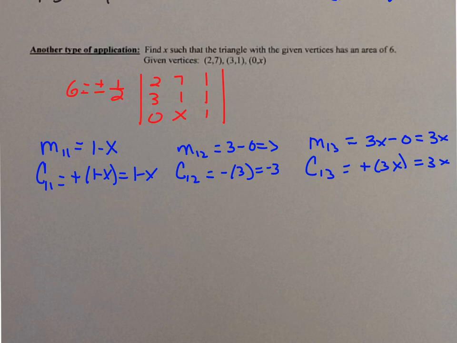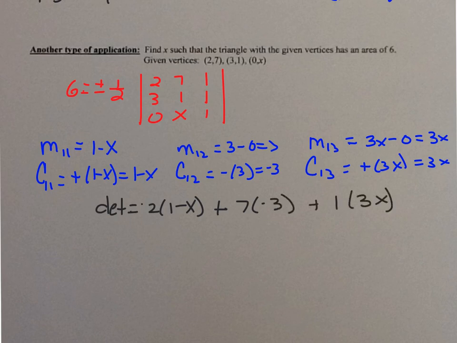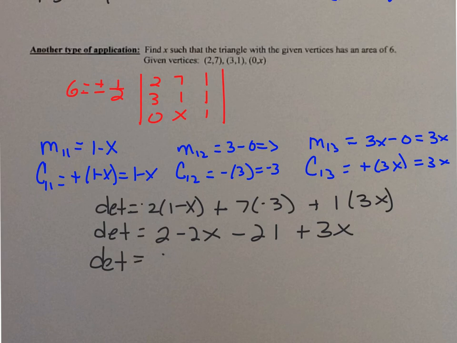Okay, so my determinant is going to be equal to 2 times (1 minus x) plus 7 times negative 3 plus 1 times 3x. Distributing the 2, it's 2 minus 2x minus 21 plus 3x. Combining like terms, negative 2x plus 3x is x, and 2 minus 21 is negative 19.